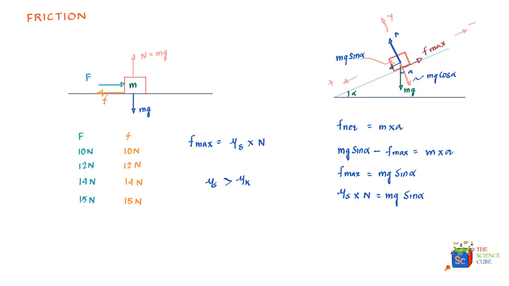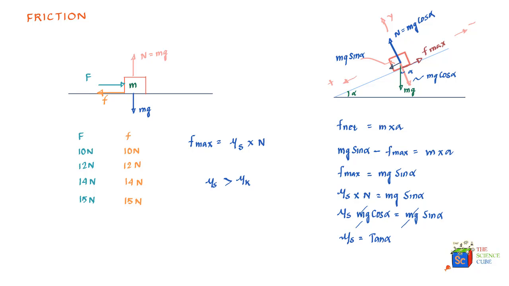Therefore, the normal reaction N should equal mg cos alpha. And if this is the case, we can say that mu s into mg cos alpha is equal to mg sine alpha, and your mg cancels, and what you get is mu s is equal to tan alpha.